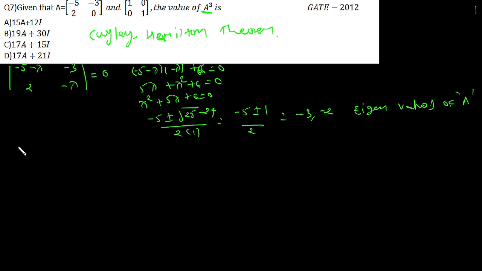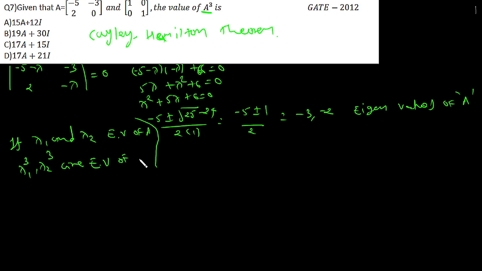But now in the question they are asking about A cube. So we know that if lambda 1 and lambda 2 are the eigenvalues of matrix A, then lambda 1 cube and lambda 2 cube are the eigenvalues of A cube. This is one of the properties of eigenvalues.